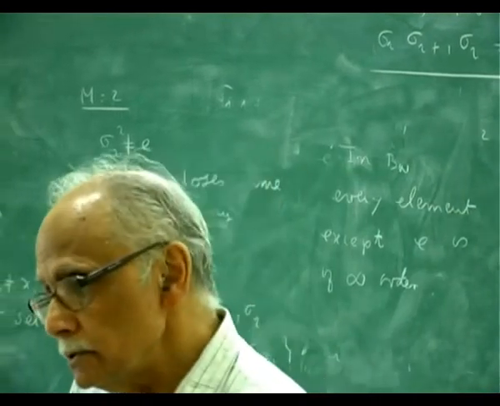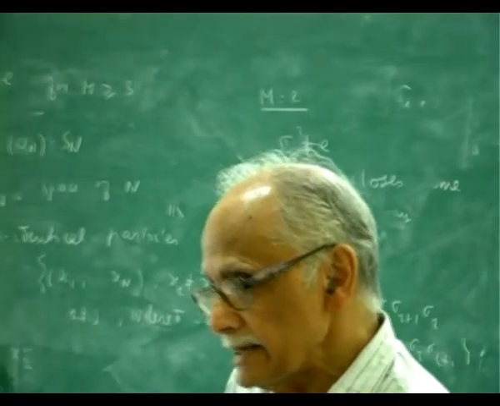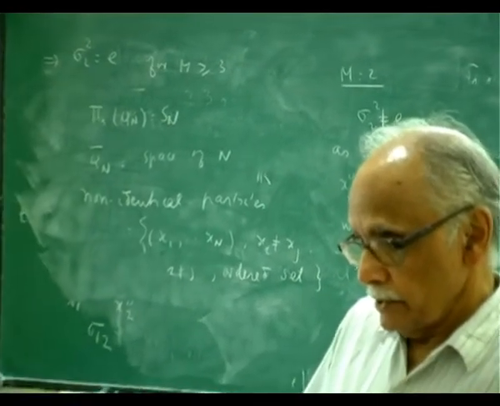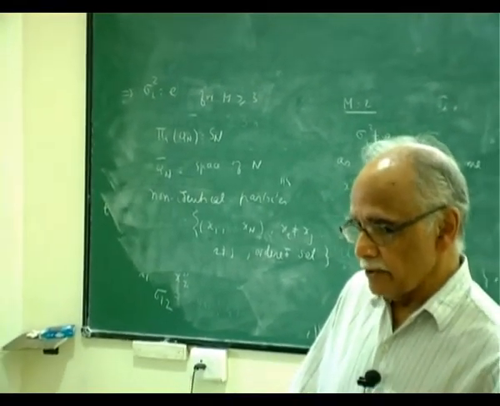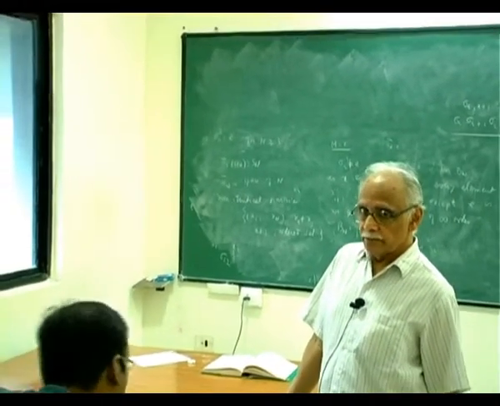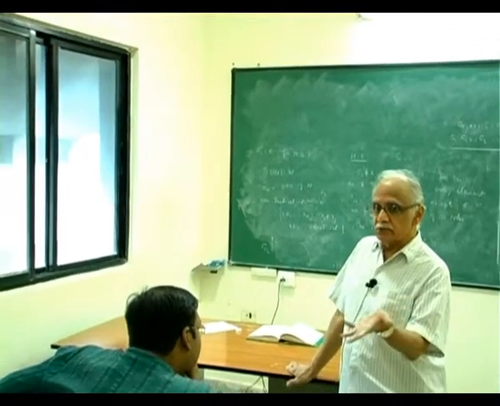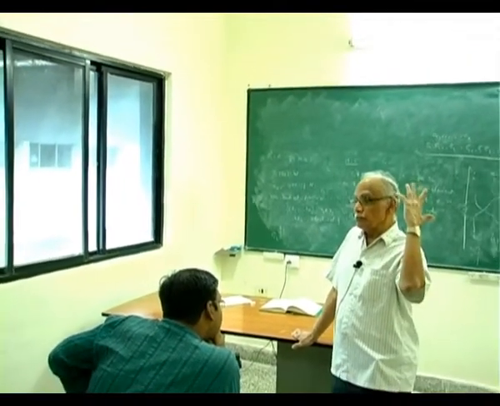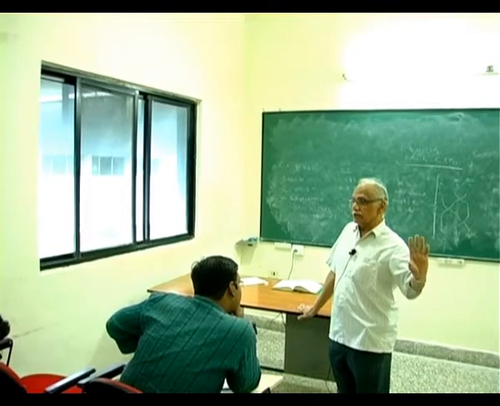How does this Bn follow from this? This is the definition of the braid group. It is the statistics group of n identical particles in a plane. And then one proves in books that this is a huge group. Every element has infinite order except identity.